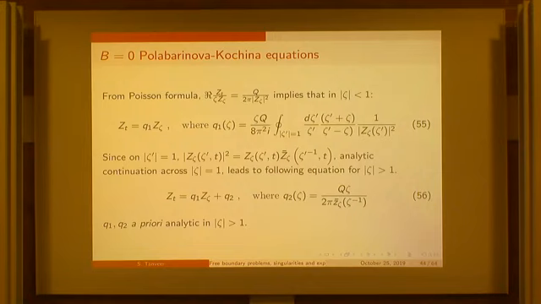All you do is remember this was the boundary condition, real part of this equal to that. Now what we do is use this. If you look carefully, remember z.